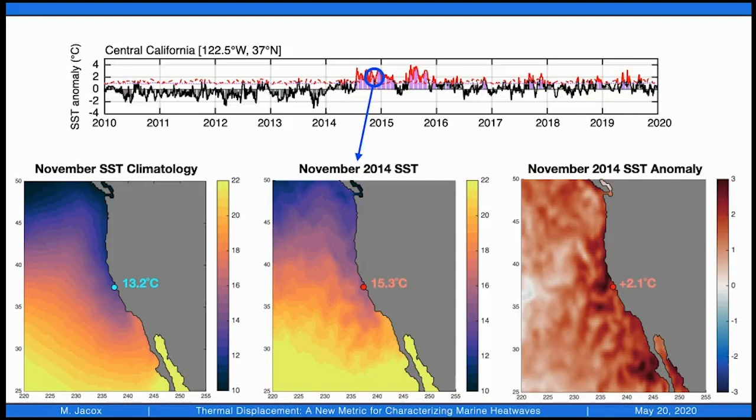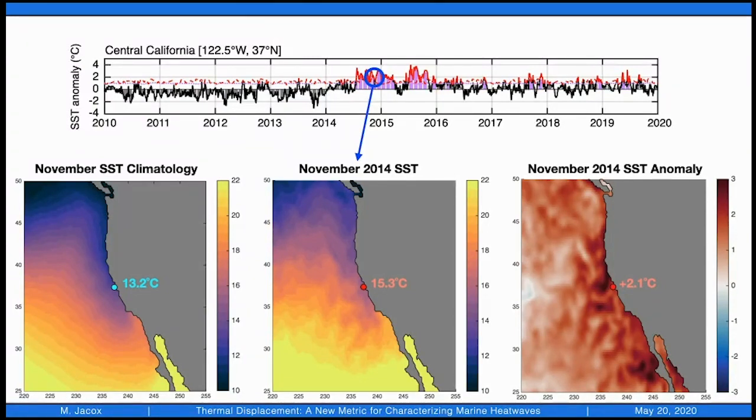So we're looking at the climatology for November on the left, the actual temperature in November 2014 in the middle, and then the anomaly for 2014 on the right. And the dots indicate that location where we're looking at the time series. And so in November 2014, there was this 2.1 degrees Celsius anomaly. So the temperature was 15.3, which was relative to the climatological temperature of 13.2.